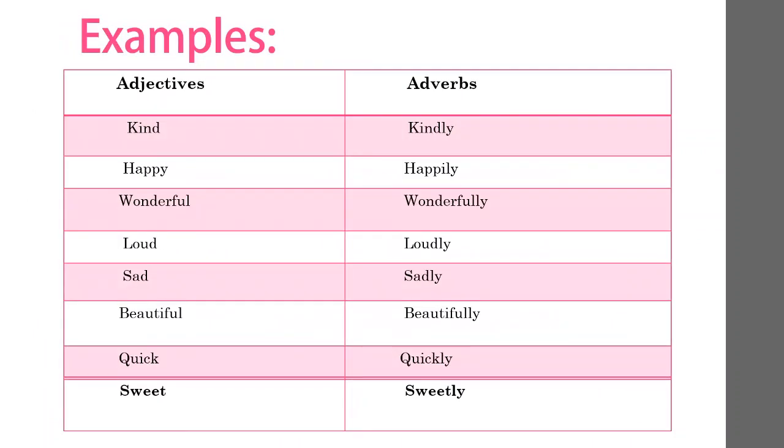So here are the examples of adverbs. So you can see here in the first column, everything are adjectives. So kind is an adjective, happy, wonderful, loud, sad, beautiful, quick, and sweet. But if we add ly, okay, to the end of these words, we are converting them into adverbs like kindly, happily, wonderfully, loudly, sadly, beautifully, quickly, and sweetly.